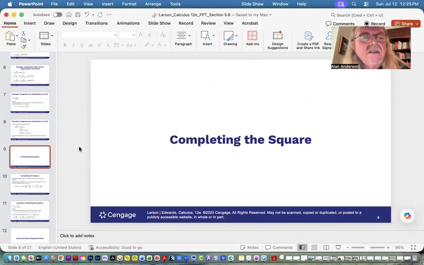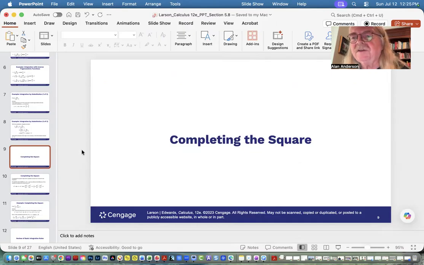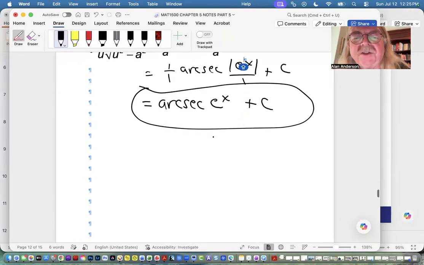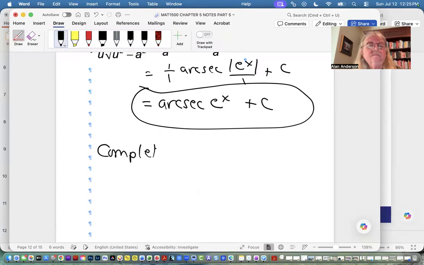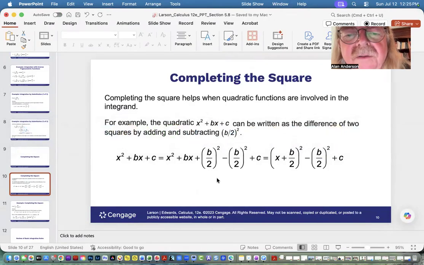Now, sometimes we've got this technique called completing the square. You may have run into this before, which can help us. What it means is if you have a quadratic expression, you're going to take the middle term, the coefficient of x.